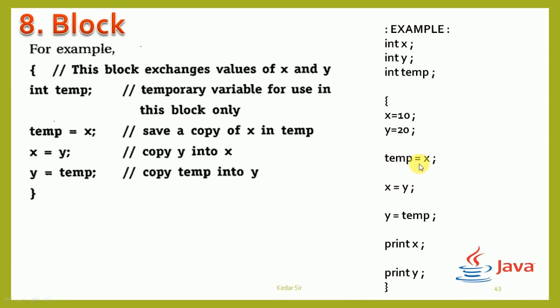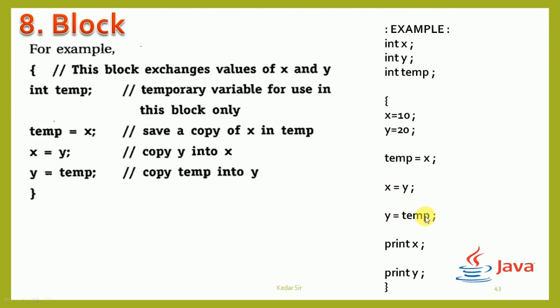Temp is equal to x. The value is stored in the variable from right to left, and for that you have to use the assignment operator, that is the equal sign. So the x value 10 is stored in the temp variable. Now the value of temp is 10. Next, x is equal to y. y's value is 20, so 20 is stored in x, and the new value of x is 20. Next, y is equal to temp.